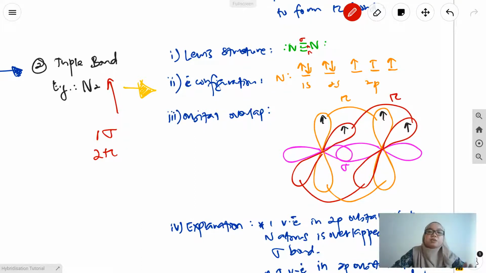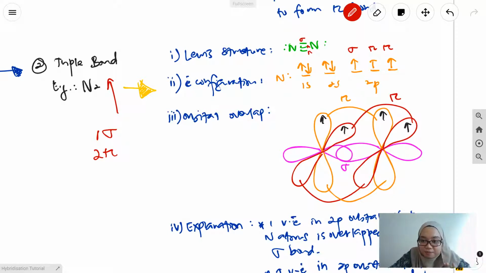Next we state the electronic configuration using the orbital diagram. There are 1s2, 2s2 and 2p3. So there are three unpaired electrons. We are going to use this one for the sigma bond and these for the formation of the two pi bonds in nitrogen gas.